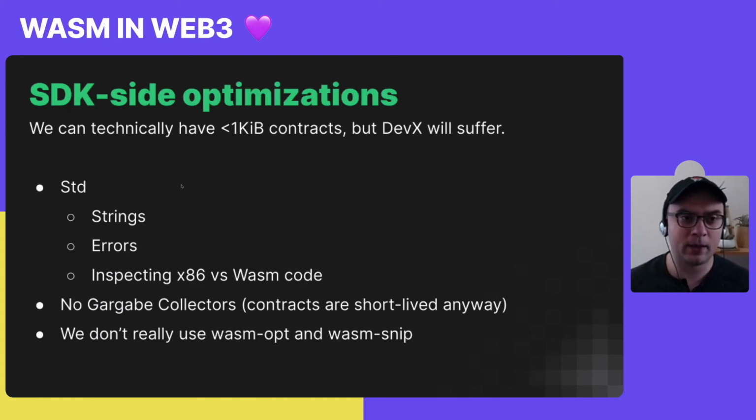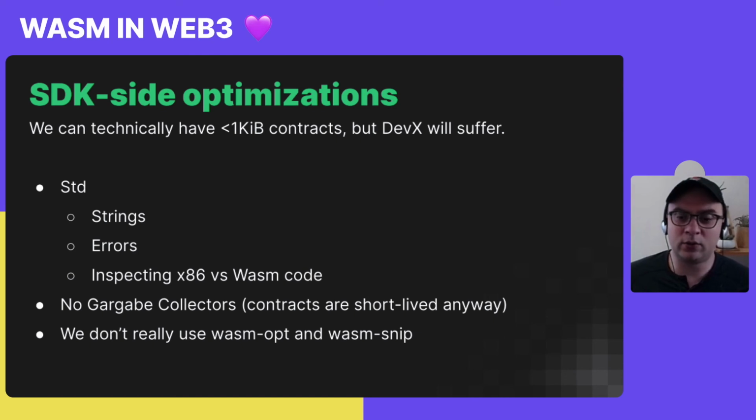We had to do lots of SDK side optimizations because people writing contracts on Near want their contracts to be smaller in size, because that means the fees are going to be smaller for compiling such contracts or for executing such contracts. Technically, it is possible to run extremely tiny contracts on Near if you use Rust.